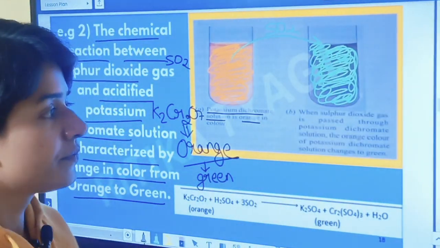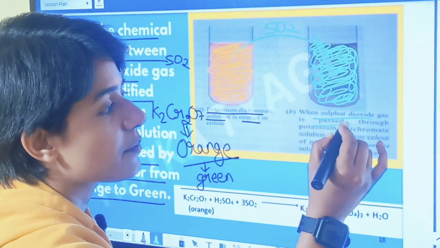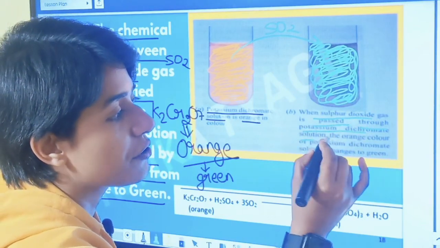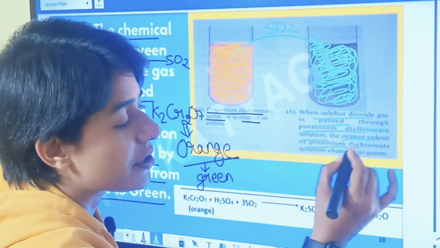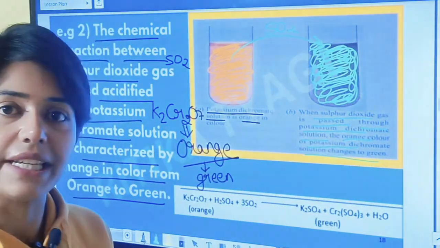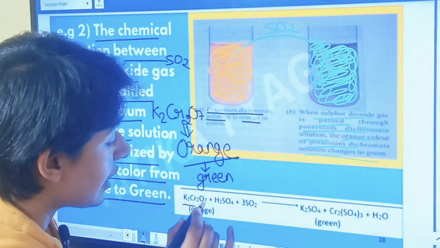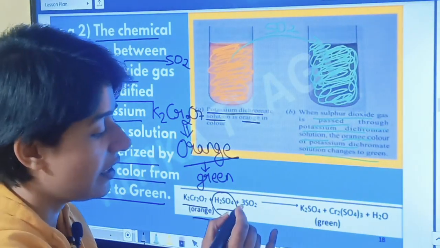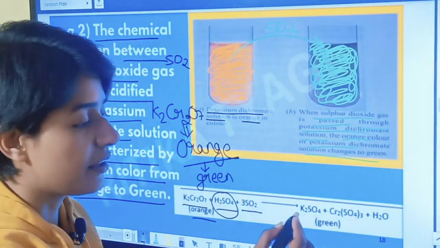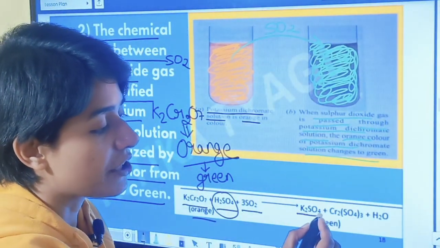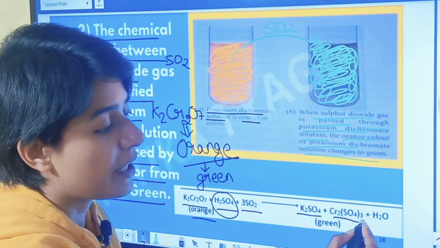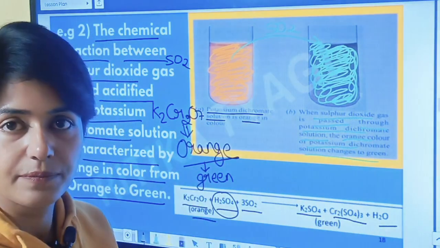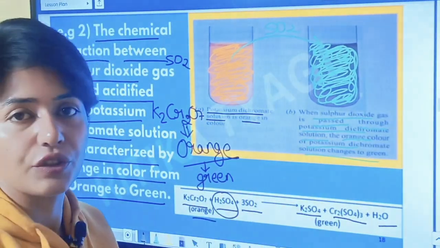Here it is shown when sulfur dioxide gas is passed through the potassium dichromate solution, the orange color changes to green. Here it is showing K2Cr2O7. We have to add some acid, that is sulfuric acid, and pass SO2 gas. Then it forms green color potassium sulfate plus chromium sulfate and water. It is the green color solution.